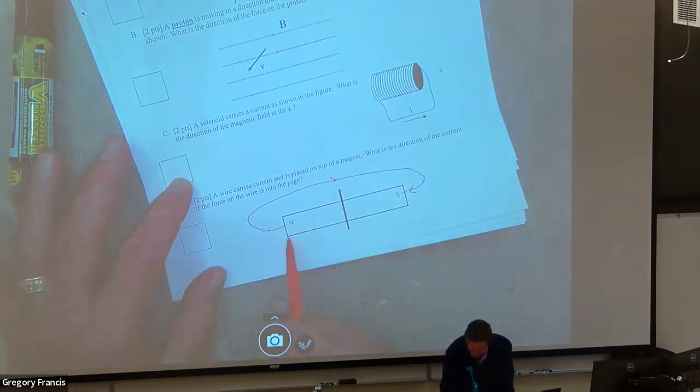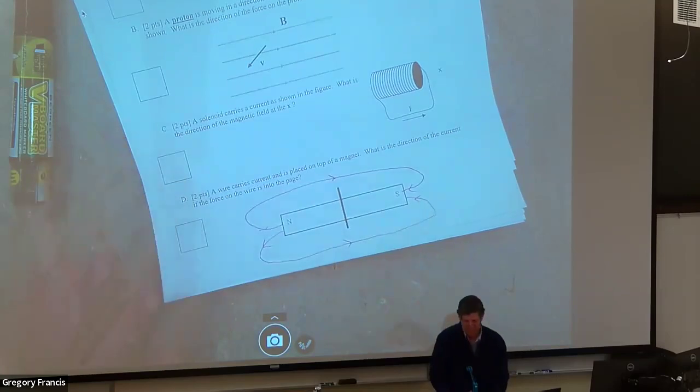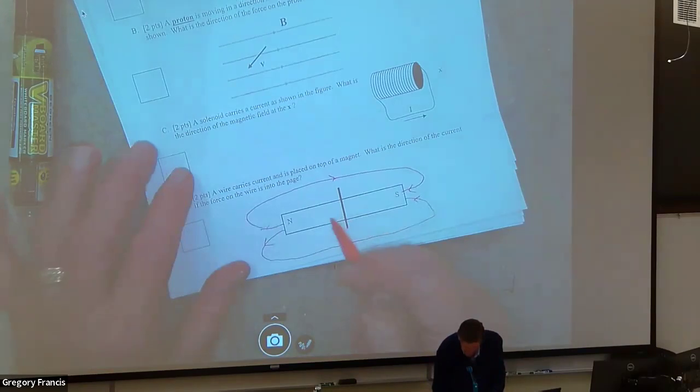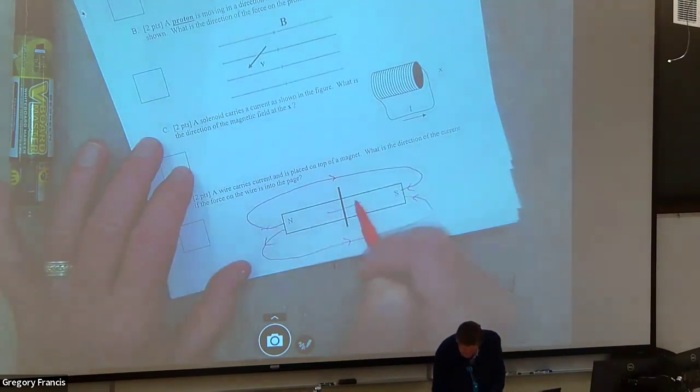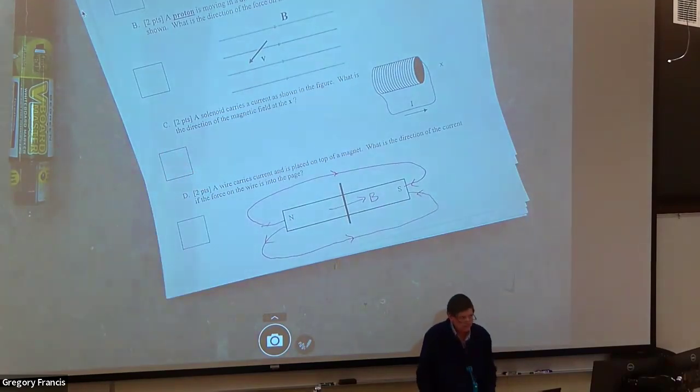So I'm going to draw two of those field lines, but they're in all directions, okay? So if I look right here, the magnetic field is going like that.